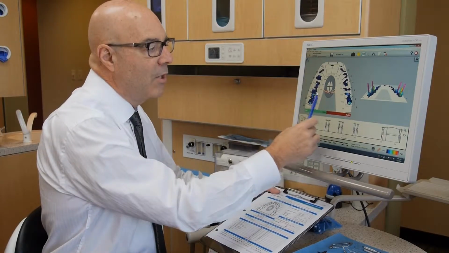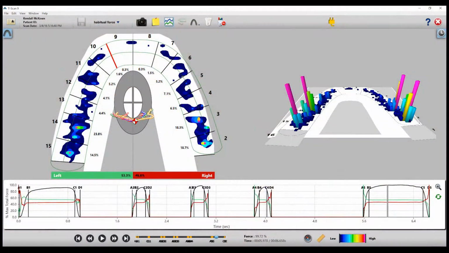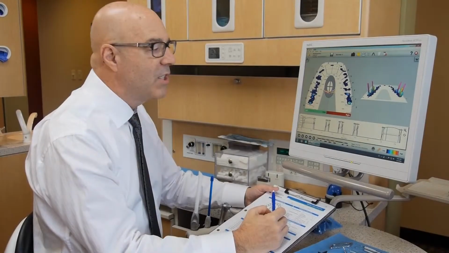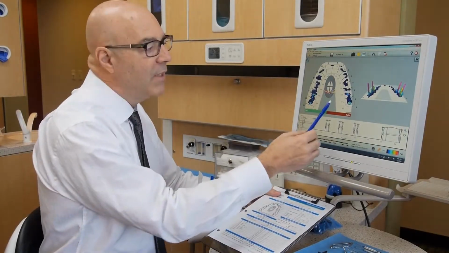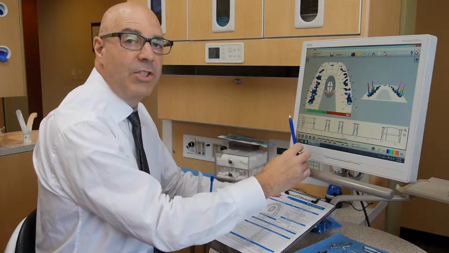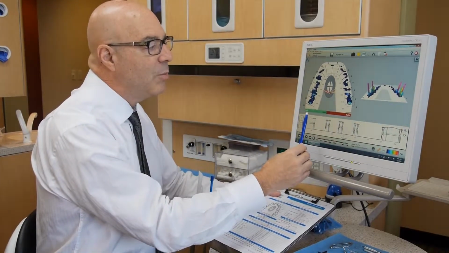This force pattern represents for us the center of all the forces as they're added up in the mouth. The computer takes all of the forces around the arch, adds them up, and puts them into a position relative to each other as if it were the patient. I usually think about this as if it was a denture patient.